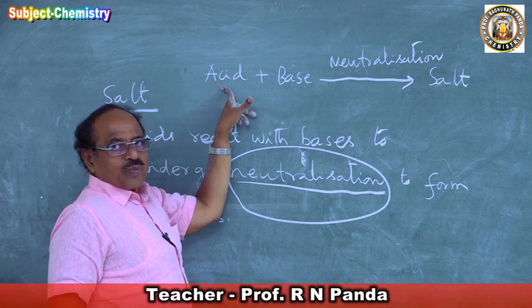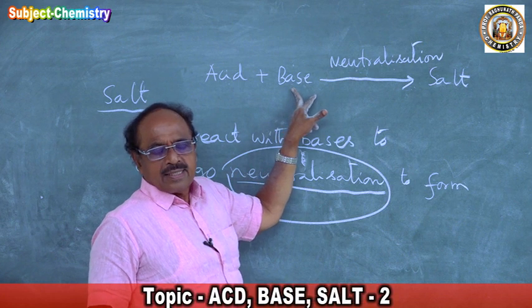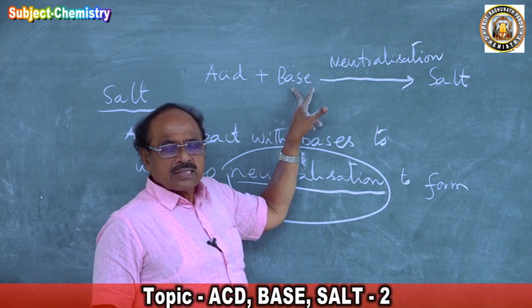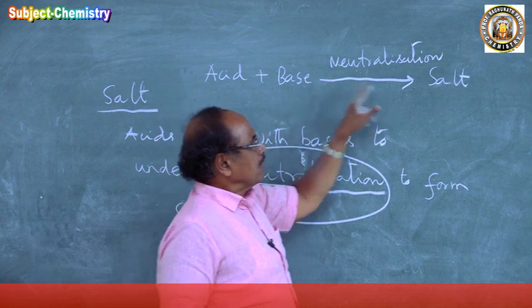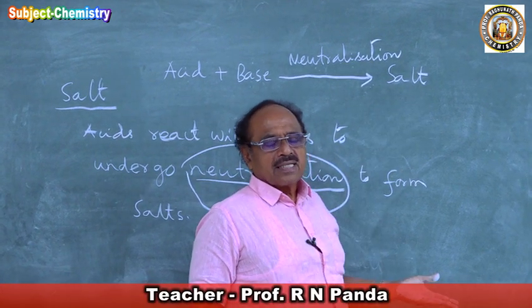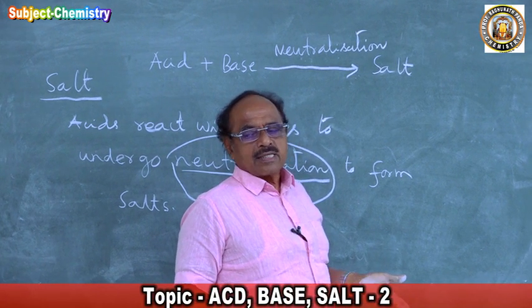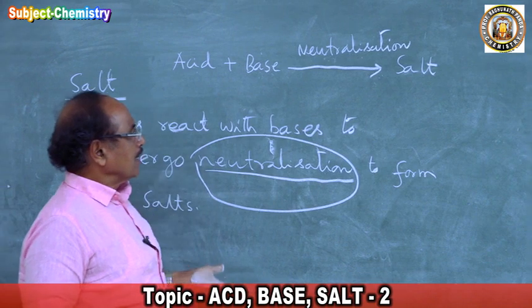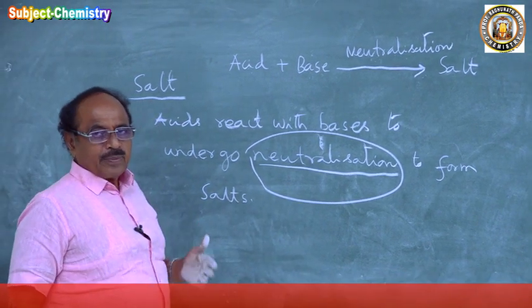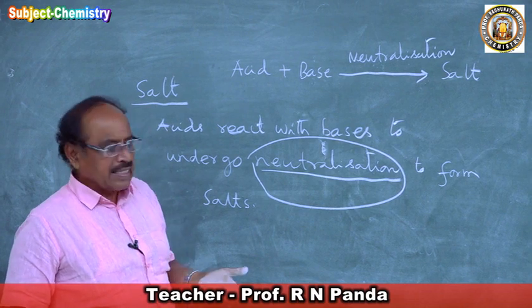It has H plus. If you come to base, it has OH minus and turns red litmus blue. But the moment we come to salt, it will neither turn blue litmus red nor red litmus blue.